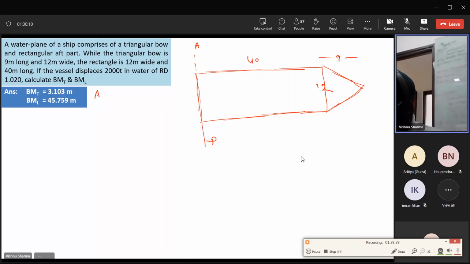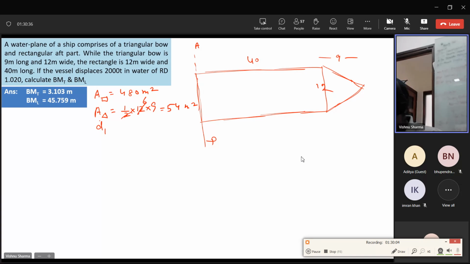What is the area of the rectangle? 480 square meters. What is the area of the triangle? Half base into height, 54 square meters.